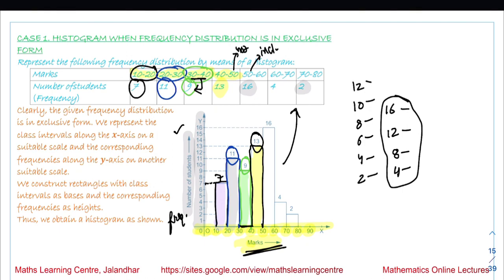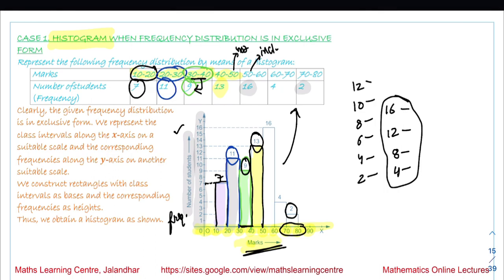So from 30 to 40, it is representing 9. If I am saying 70 to 80, how many values are there? 2 values are there. That is why this kind of graph is drawn like this, and this is called a histogram. In the previous case, it was the bar graph. Now it is the histogram.